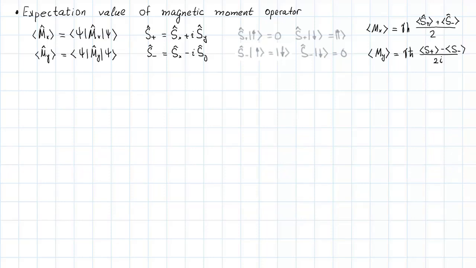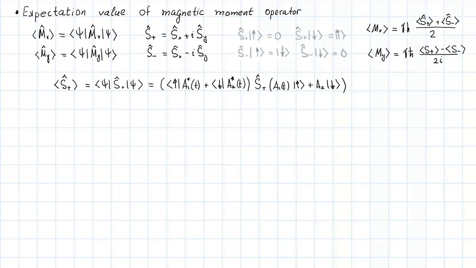Okay, let us now calculate the expectation value of the operator S plus for the wave function obtained on the previous slide. By direct insertion of the general form of the wave function psi into this formula, we obtain the following expression.